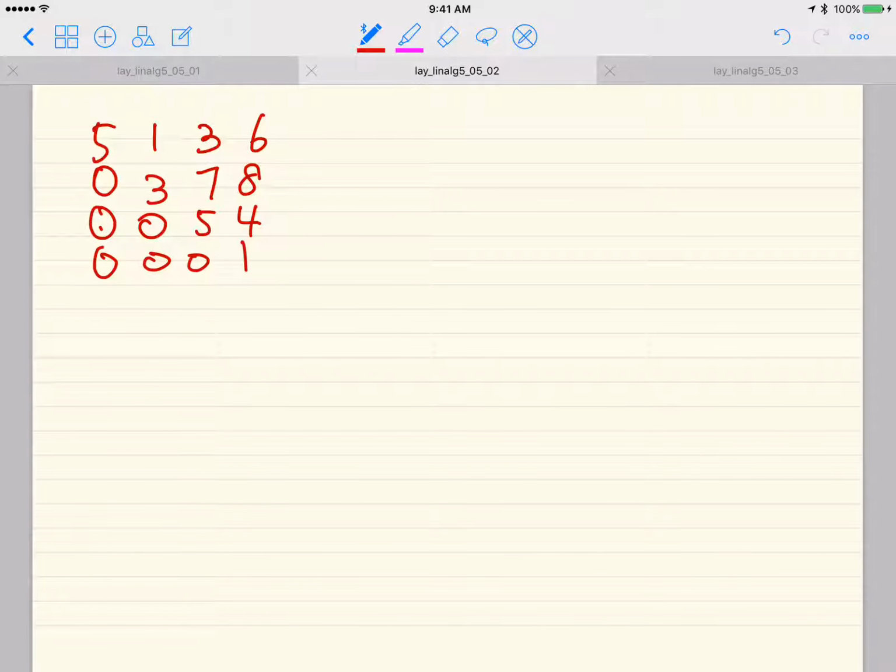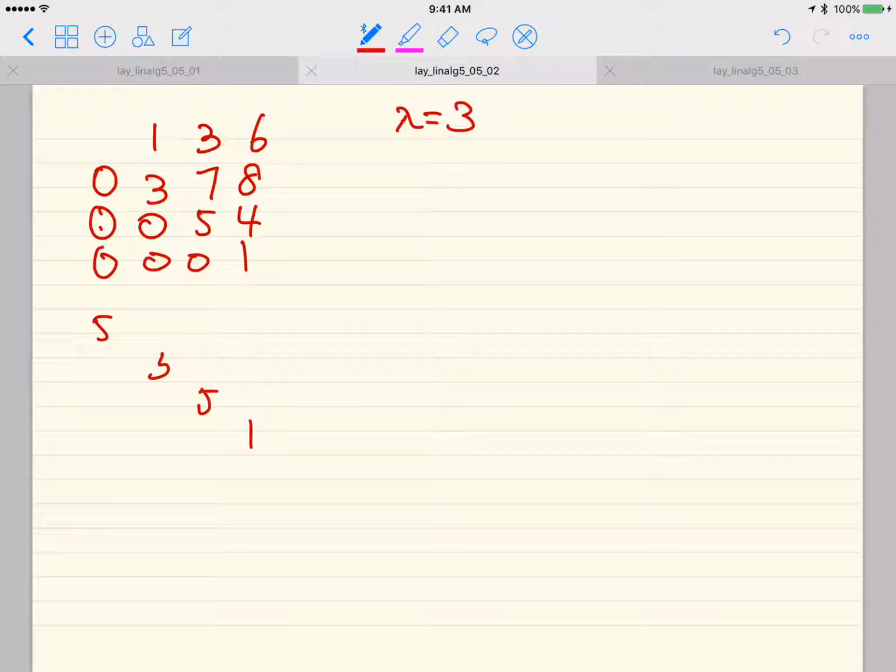In this case, this guy has the same characteristic polynomial. Then let's use lambda as maybe 3. So 5, 3, 5, 1.